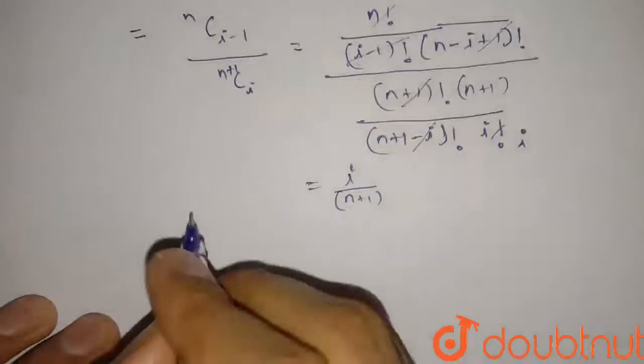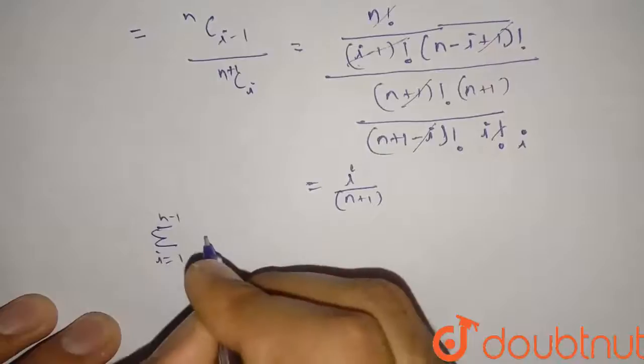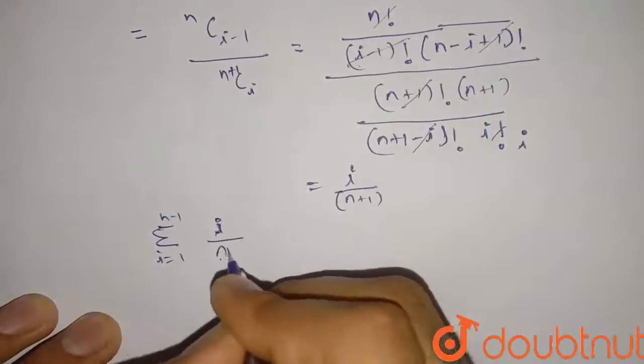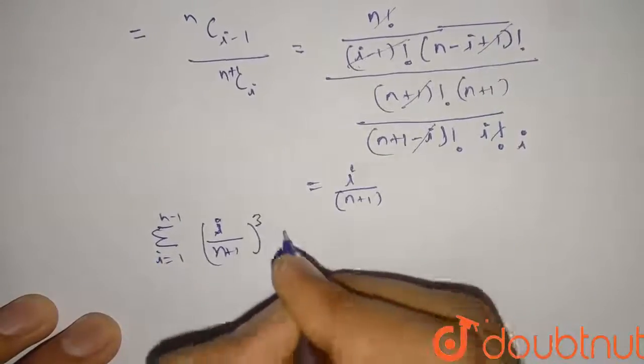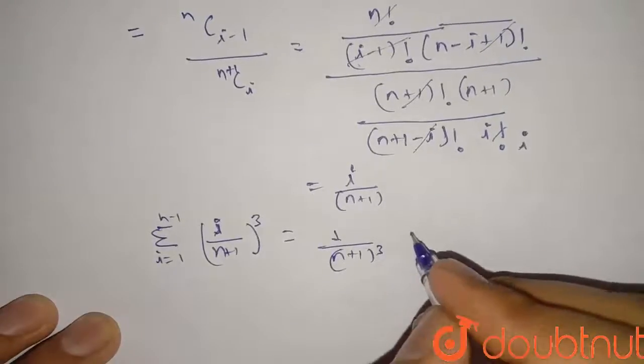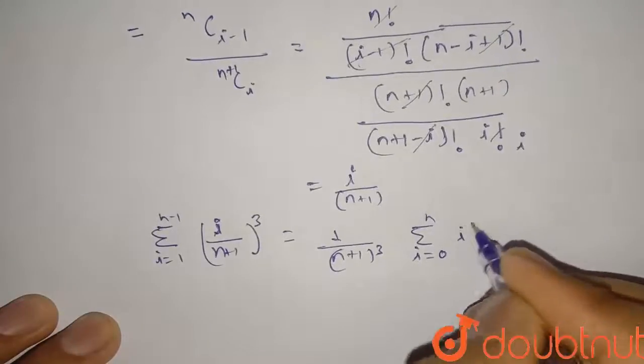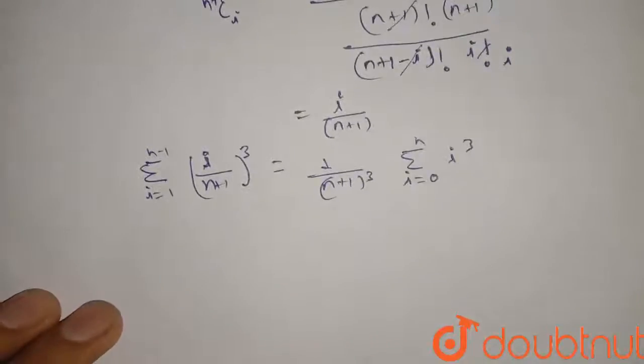Now we have to find summation i equal to 1 to n minus 1 of (i upon n plus 1) whole cube. So 1 upon (n plus 1) cube is coming outside, and here the summation will be i equal to 0 to n of i cube, right?